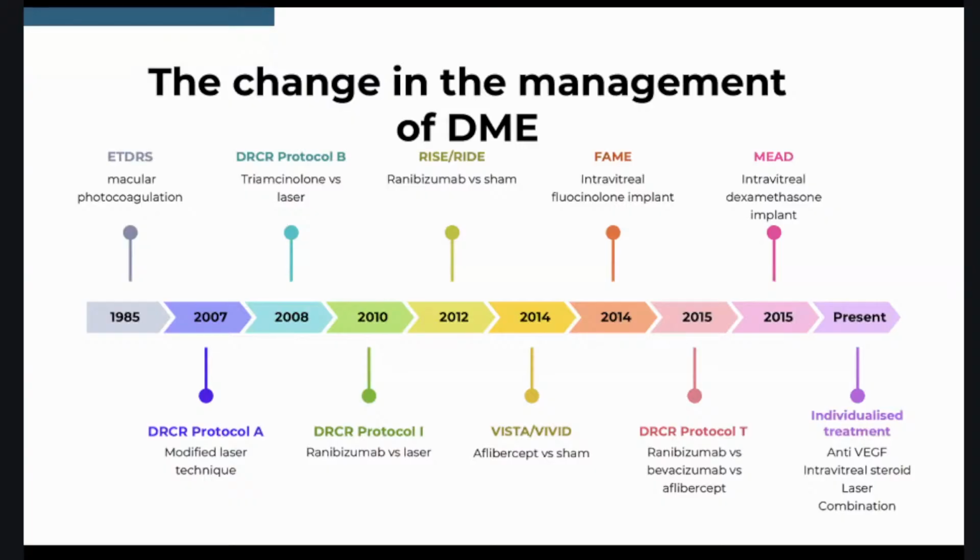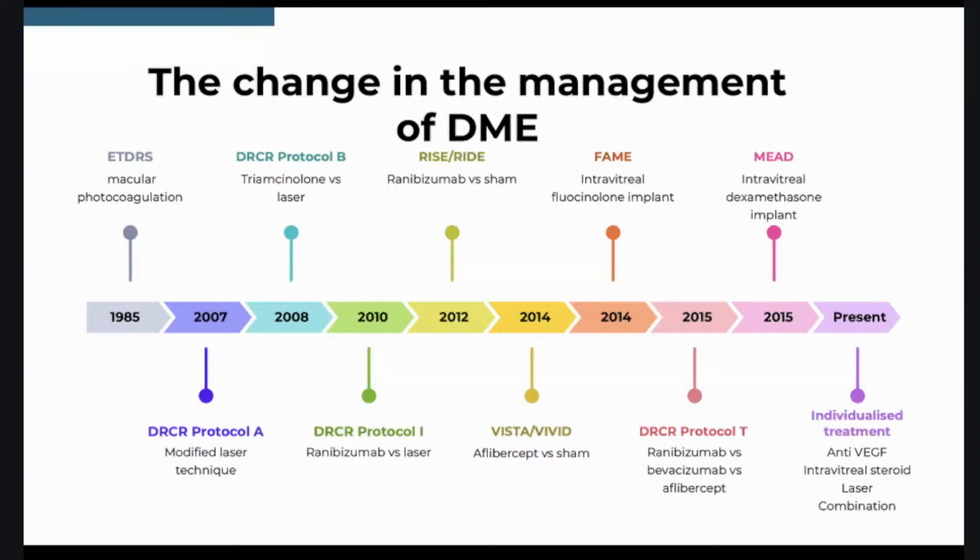And then after that, there were a whole lot of studies with the different anti-VEGFs showing which ones worked. And initially, though, it was used against laser, but then subsequent ones, because the advantage of using anti-VEGFs had been established, and subsequent studies were compared to sham.